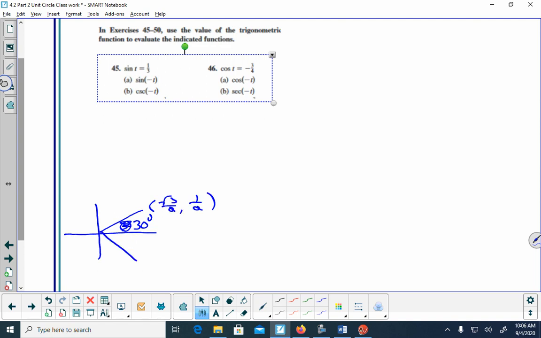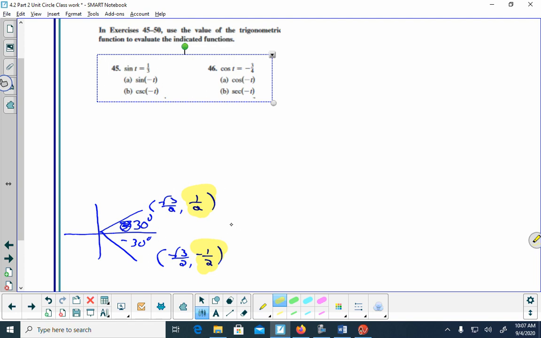And then if I look at negative 30 degrees, that pairs the square root of 3 over 2, negative 1/2. So this one's talking about the sine. I like doing that every single time I do sine or cos are even and odd, because that way I can see for sine I'm looking at 1/2 and I see that it changed signs. It's still the same number, but it changed signs. That's telling me that's an odd function.